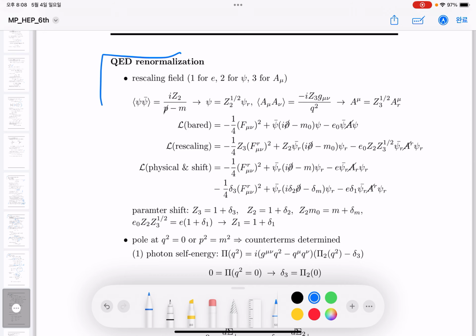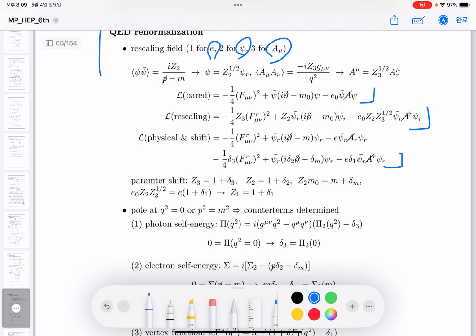There will be three rescalings, for the electron, electric charge, and the fermions, and the gauge boson. So here's the bare QED Lagrangian and the rescaling with Z1, Z2, Z3. And there are such rescaled fields that are decomposed into the physical and the shift part.